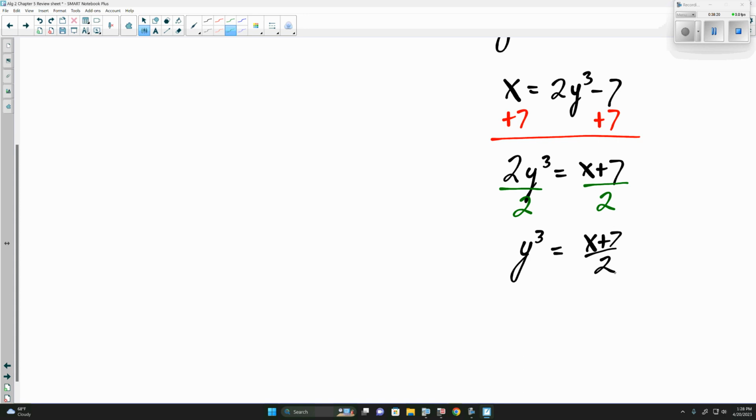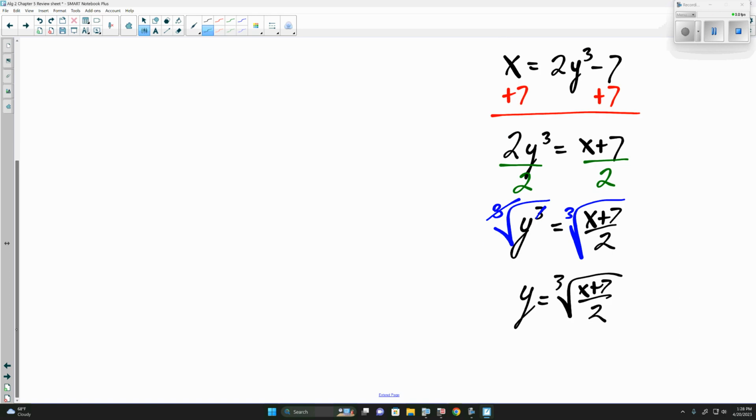I consider exponents and radicals to be the more challenging step than addition, subtraction, and multiplication, division. Now at this point here, we do have the y almost by itself. We just need to take the cube root. So these would cancel, telling us the cubed root of x plus 7 over 2.